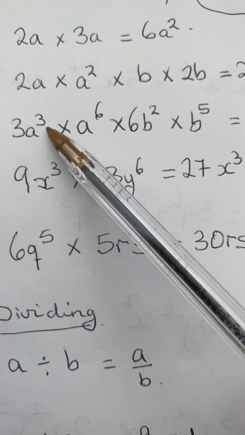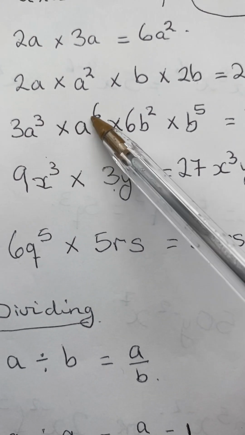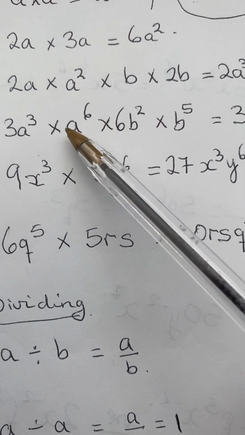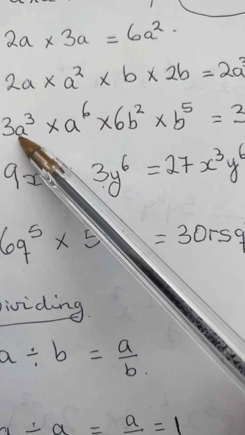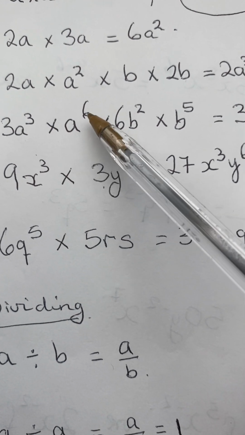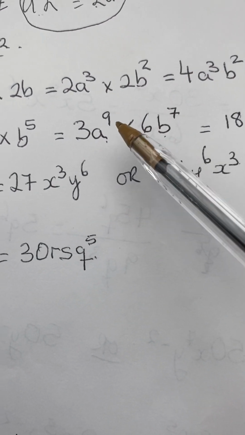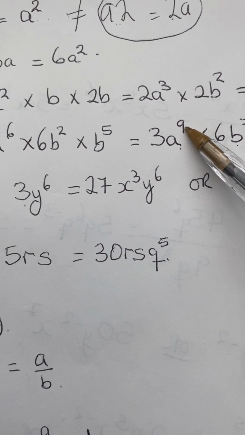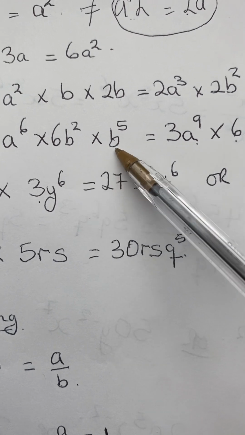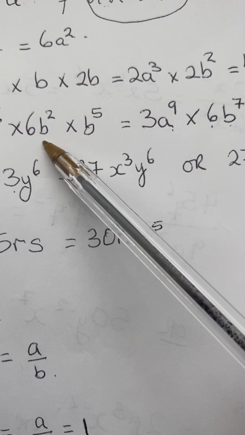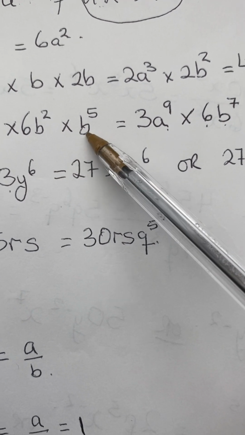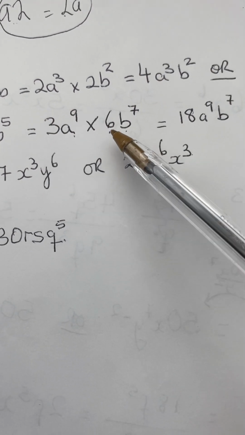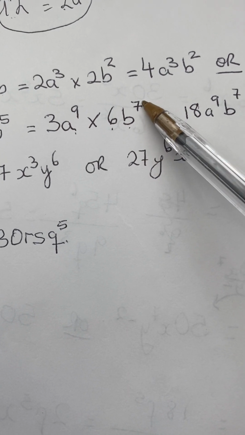And if you are multiplying, you just add the powers. We said that yesterday. Okay, so here we have 3A to the power 9, which is what we've written here. Then the B part, we have 6B squared, B5 becomes 6B to the power 7.